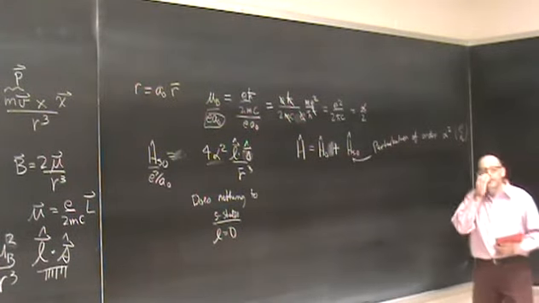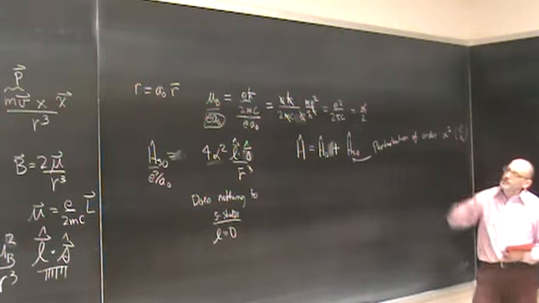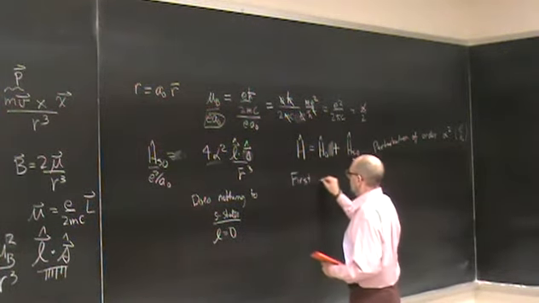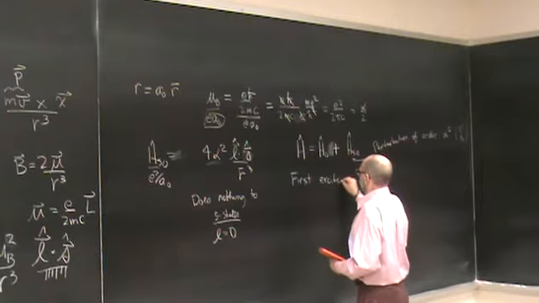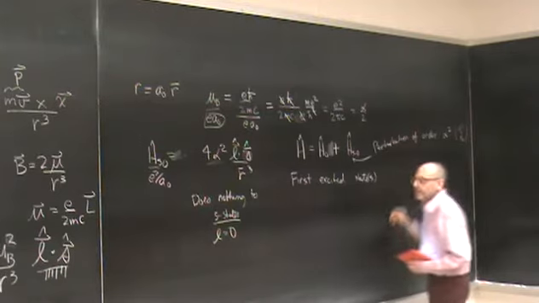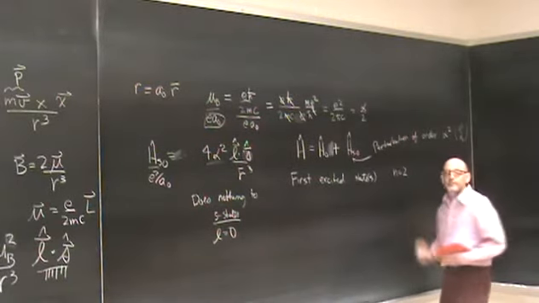All right. So we now look at the first excited state. Well, it's actually states, because there's a degeneracy for n equals 2.